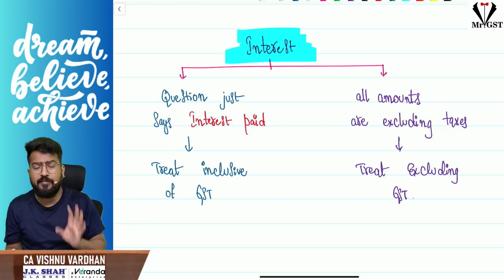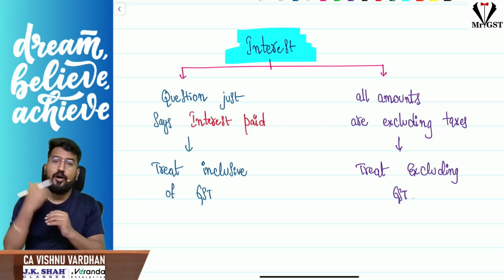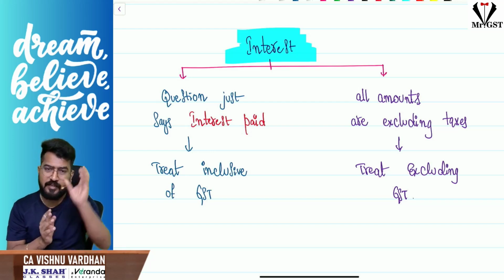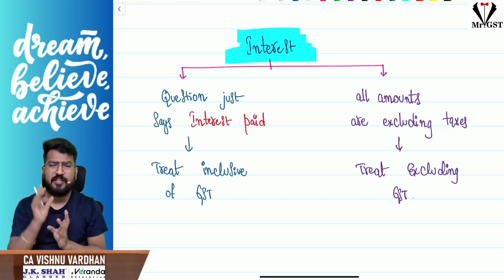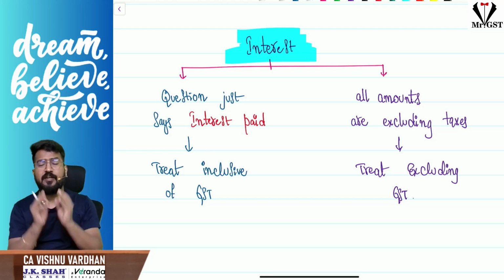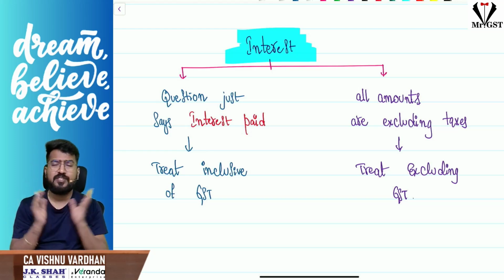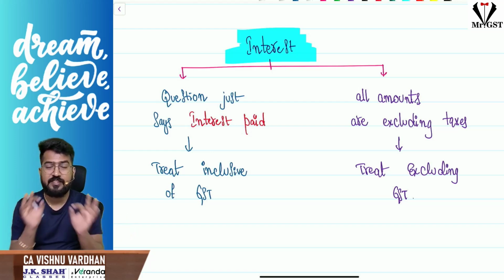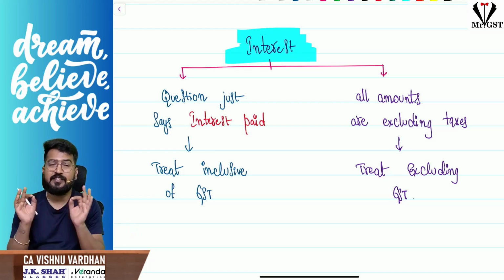Or they will clearly mention in the question somewhere in a corner, all the amounts mentioned above are excluding taxes. Somewhere in the table above they would have given 10,000, 20,000, 15,000 like that, and somewhere at the bottom of the question they would have mentioned all the amounts given above are excluding taxes. Then you should take it as exclusive.